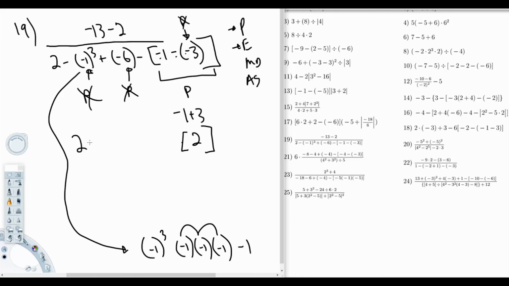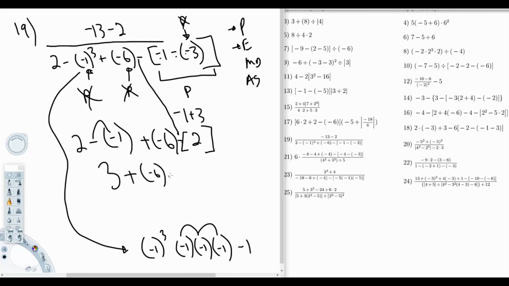So 2 minus minus 1 plus minus 6 minus, right, this minus right here, 2, which represents this. And this becomes a plus because there are 2 minuses. So 2 plus 1 equals 3 plus minus 6 minus 2. I changed the shape of the brackets. It doesn't matter.